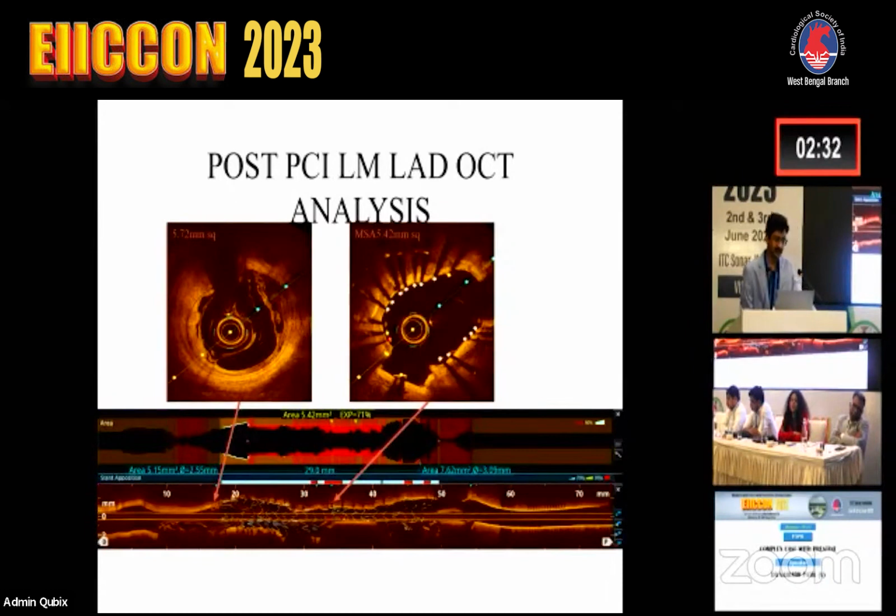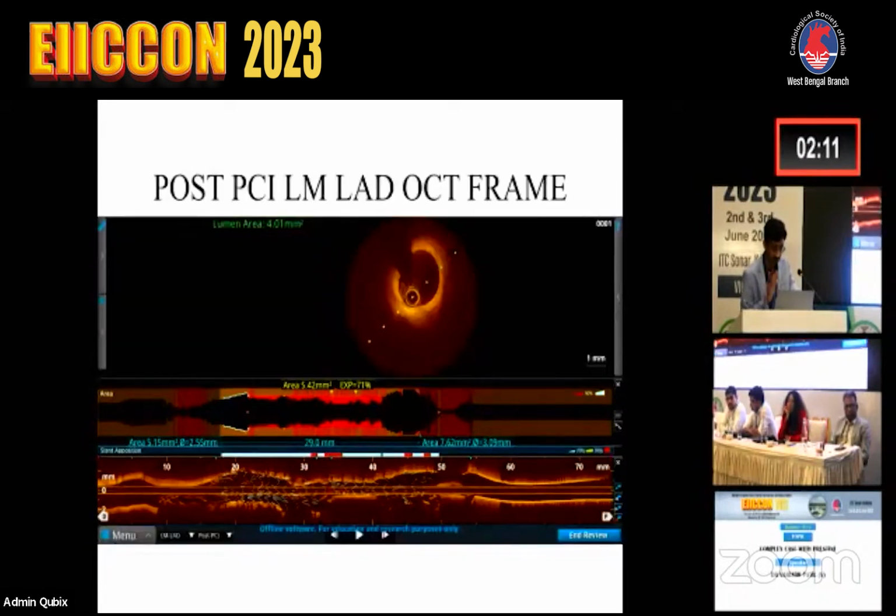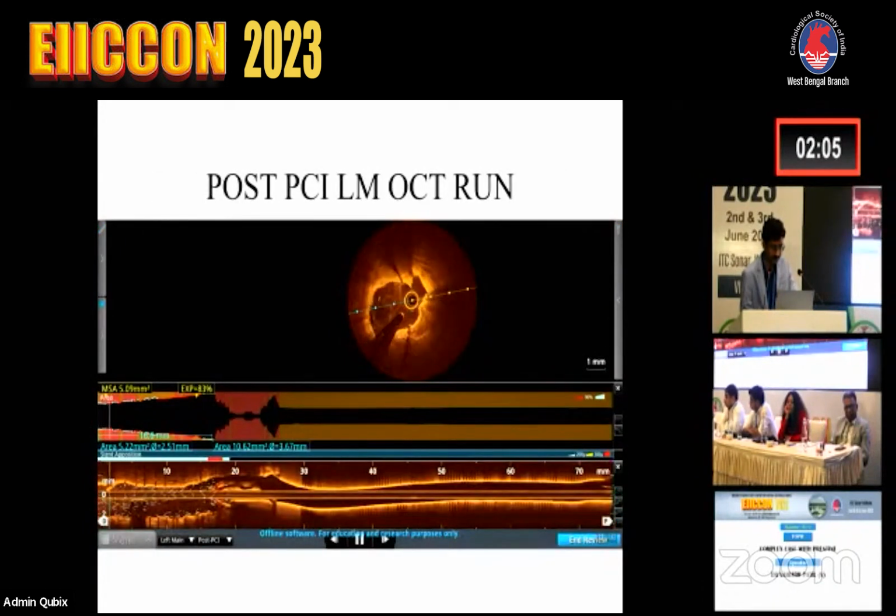So after stenting, post OCT, I again dilated, and then I took this shoot. So post PCI left main LAD OCT analysis. You can see the stent struts are very well apposed, and at the bifurcation also very well apposed. The LCX stent had not come into the left main, and again I was very skeptical.